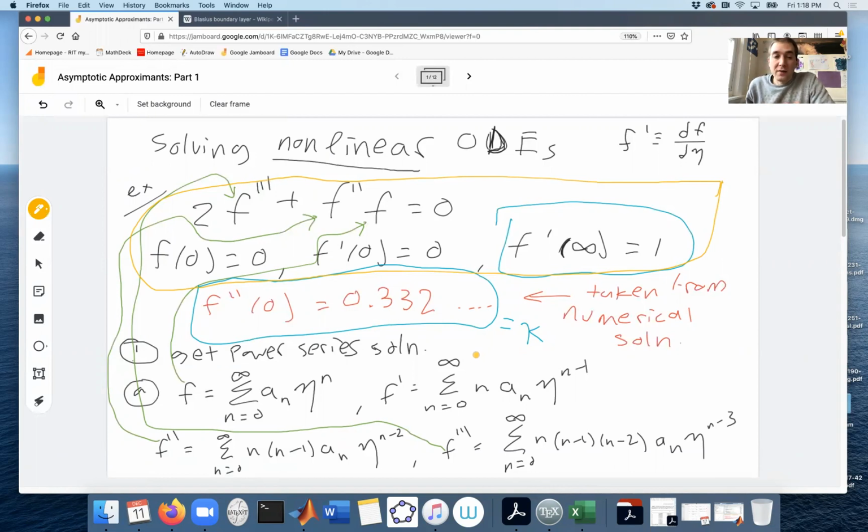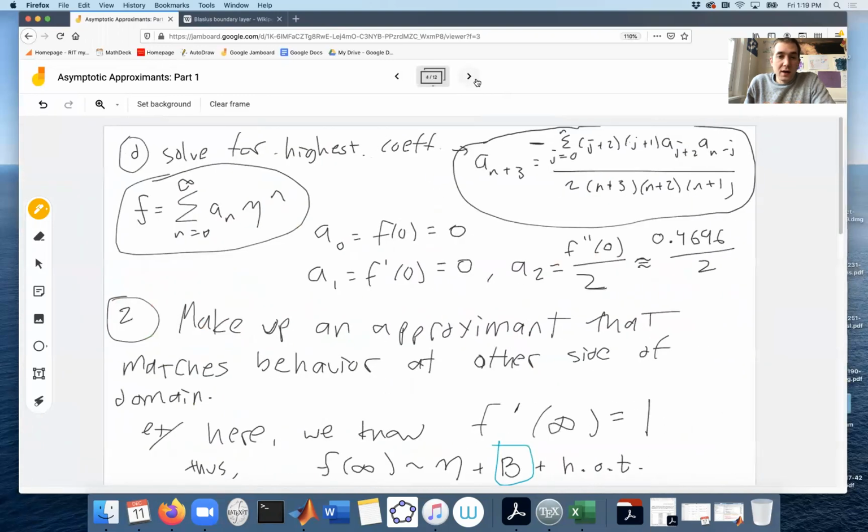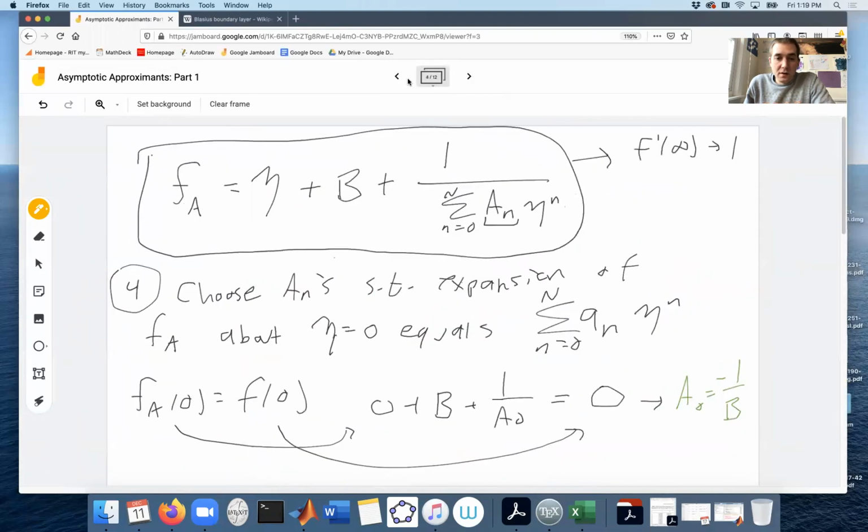So that's what we'll talk about today: how to find the answer to this problem only using the stuff boxed in yellow, how to get kappa, this 0.332..., from the approximate. So the whole thing is completely independent from a numerical solution. Okay, and there's one other piece, this B right here.